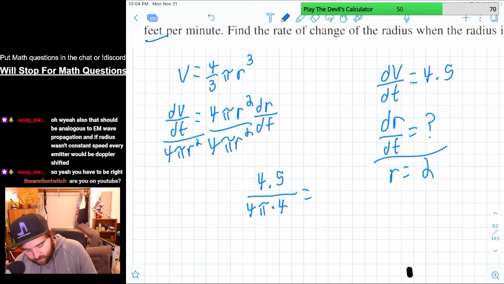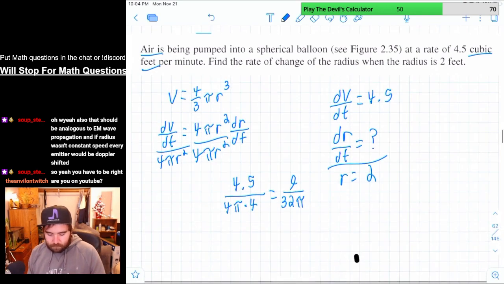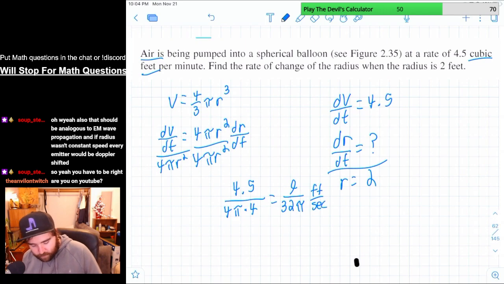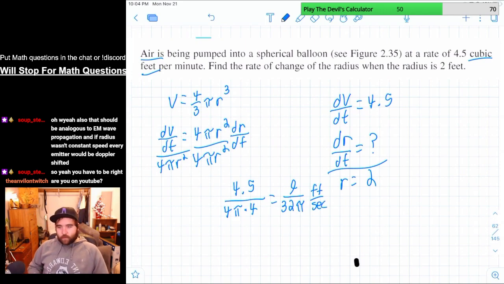So what is that then? 9 over 32 pi? I guess we do units, feet per second. So that's a pretty dirty answer, but I think that's pretty good.